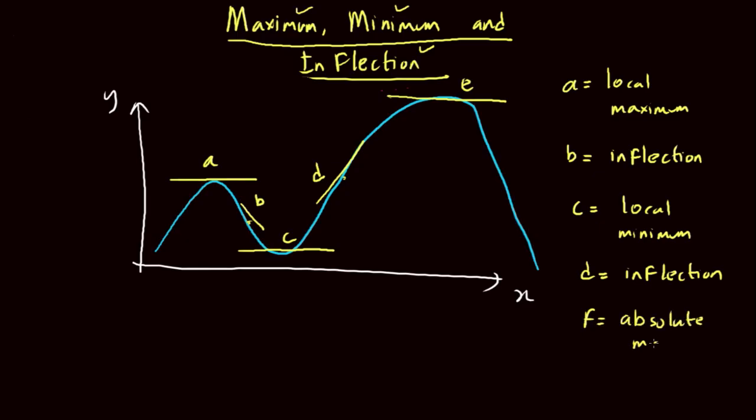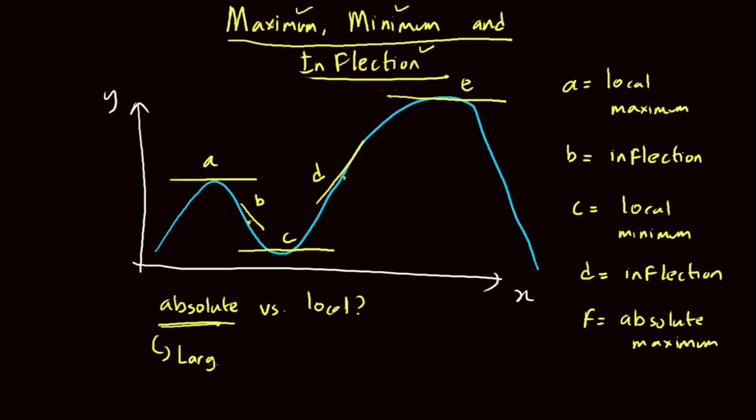So why I wanted to bring your attention to this is to talk about the difference between absolute versus local. What's the difference between these two? Absolute is basically the largest or the smallest.